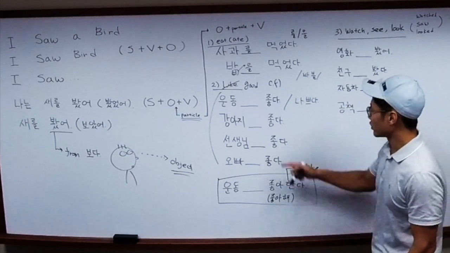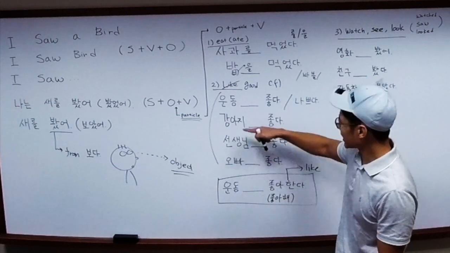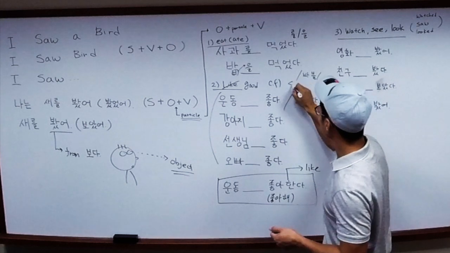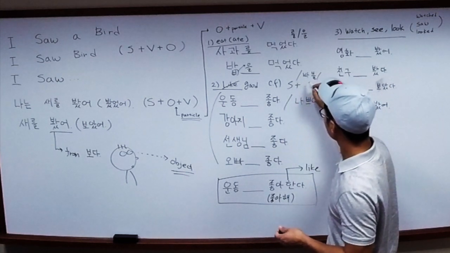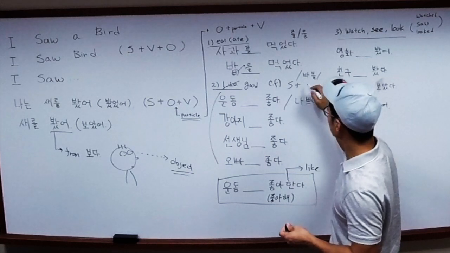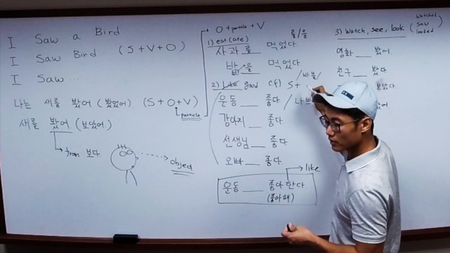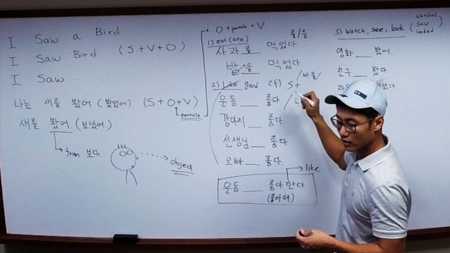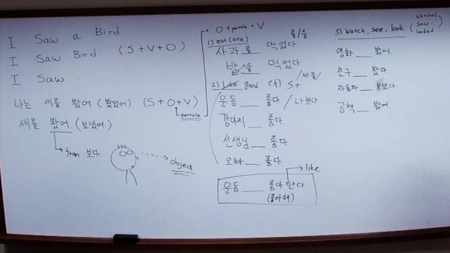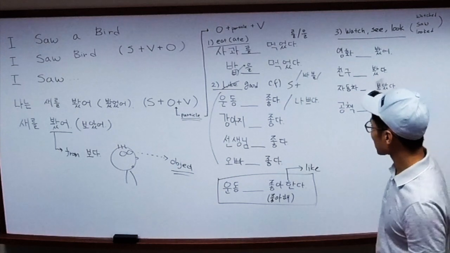Okay? So if you want to go through this situation really quickly, this is more like subject plus adjective, right? Even though you're conjugating it like a verb, it technically just doesn't translate well.